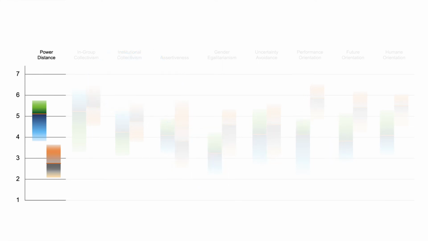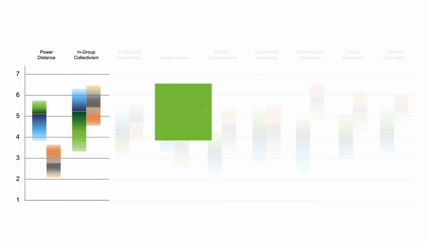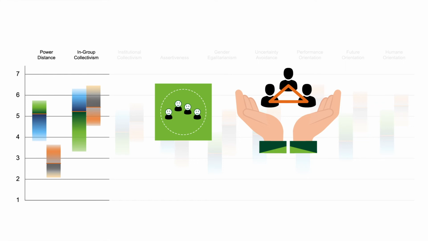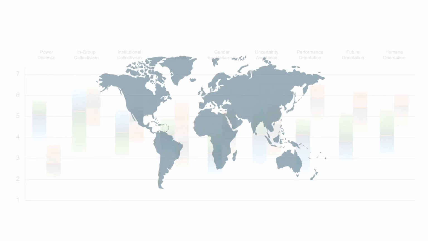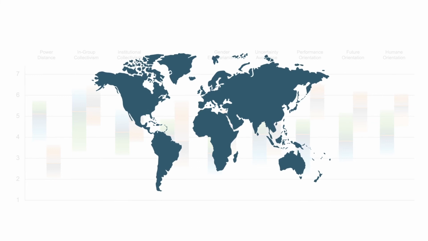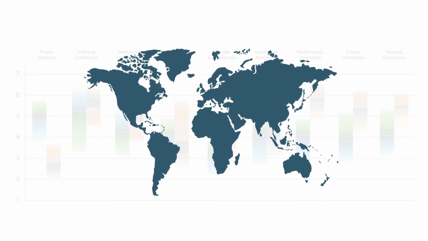Another special case is the in-group collectivism dimension, where the practice scores are high, but the value scores are even higher. This means that strong bonds within the group are experienced in everyday life, but are valued even more. This distribution of practices and values is the same in all cultures worldwide.